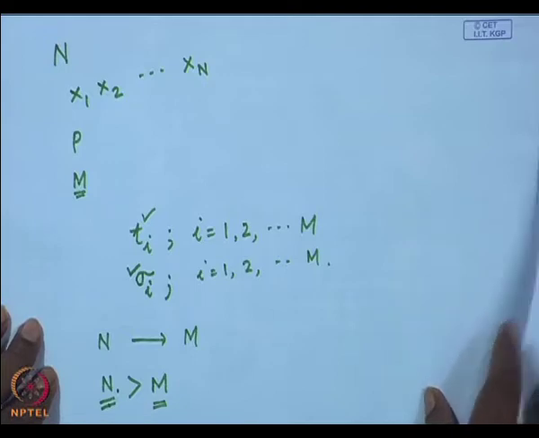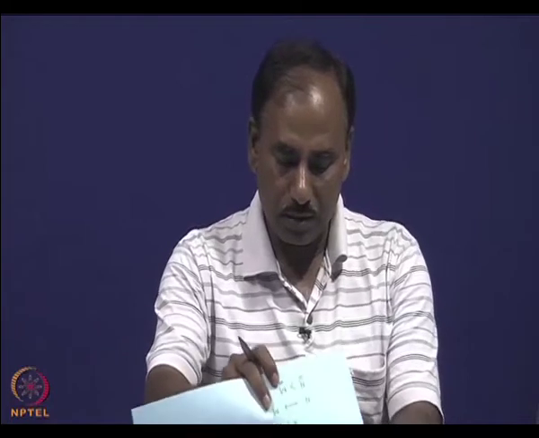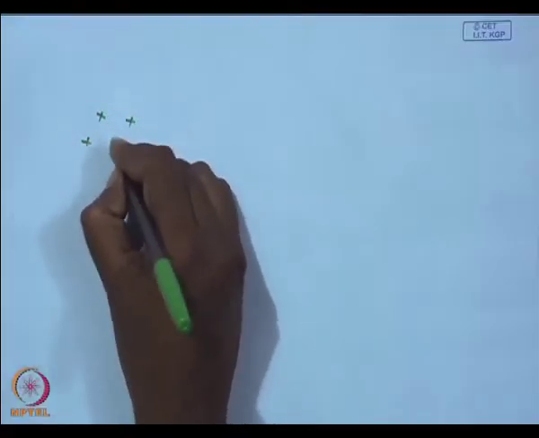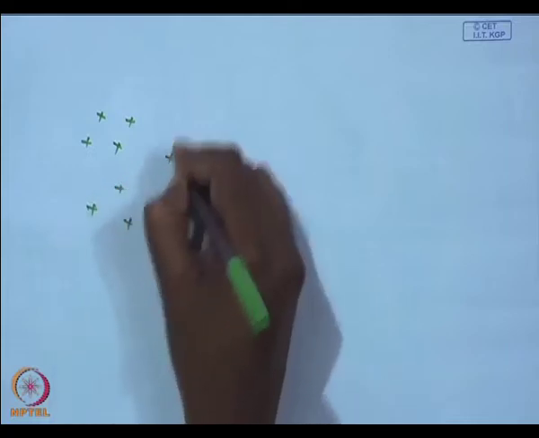Now, there are various clustering algorithms. One of the clustering algorithms is, say, initially I partition this N number of samples into capital M number of clusters. So, every cluster will have a number of samples. Say suppose I have got a number of feature vectors which are given like this.